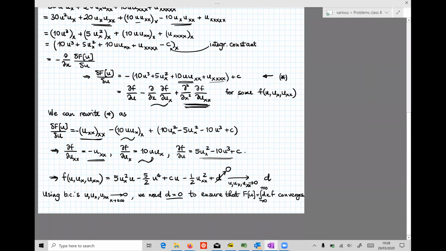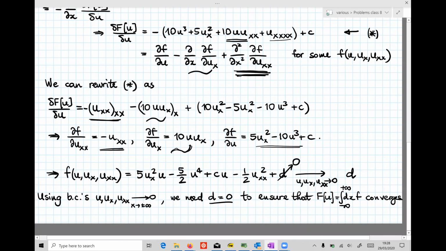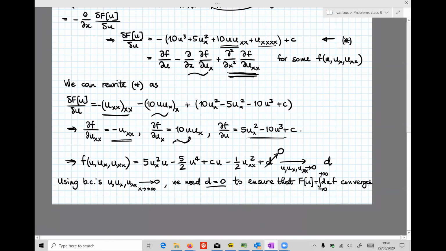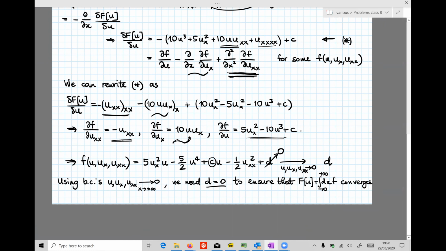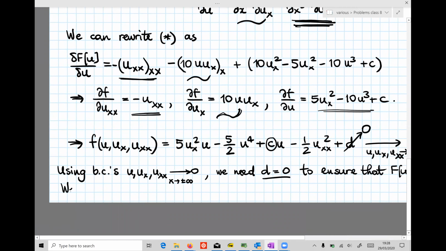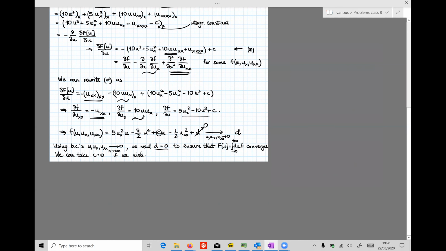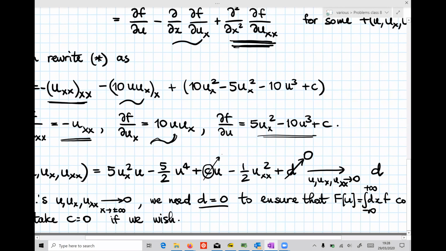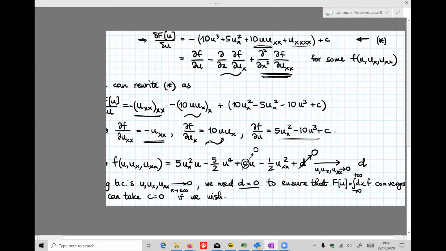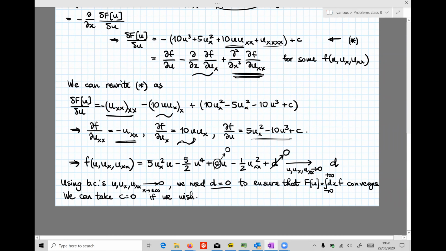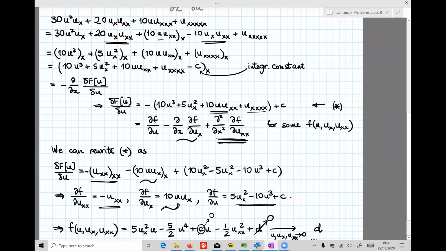And we found infinitely many such functionals because we have this undetermined parameter c, so we're free to take c equal to 0, if we wish, which I will do. So eventually I will also set this to 0. All right, so this answers part 1 of the problem.